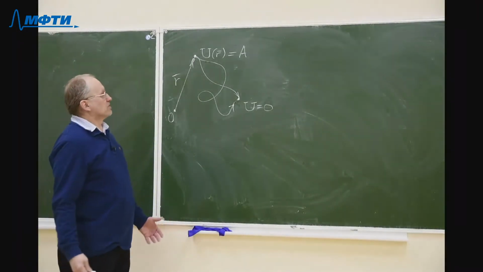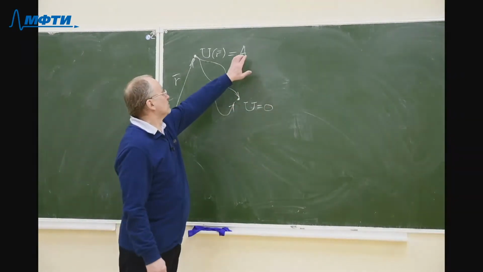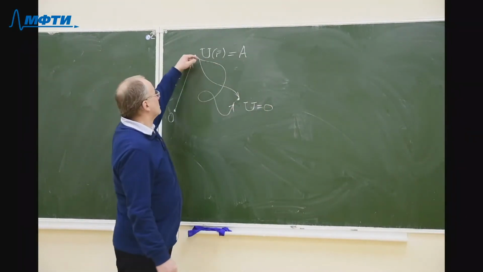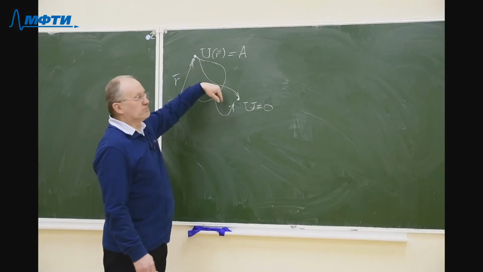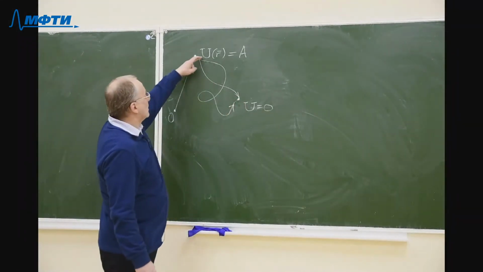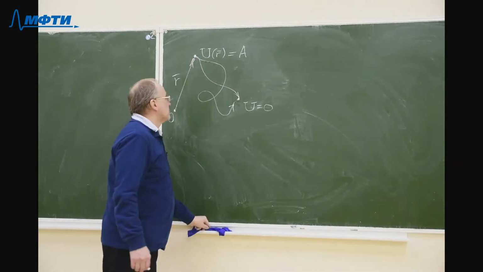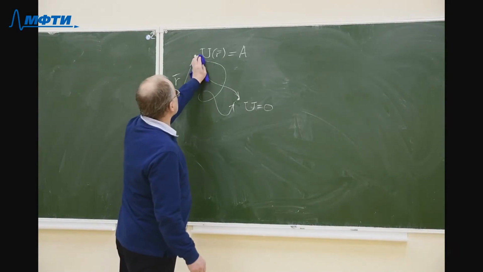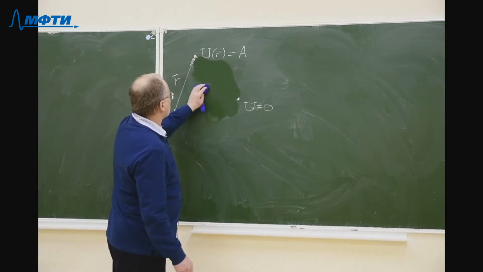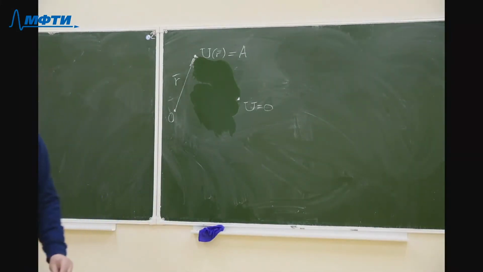Why is it possible? Because we have proven that in a potential field, the work does not depend on the path. Whatever path you choose, the work will be the same. So we don't specify the path. We don't even have to draw any sketch of this path.